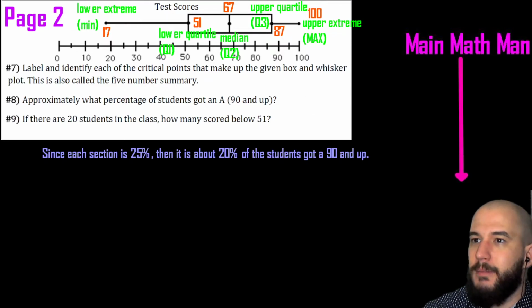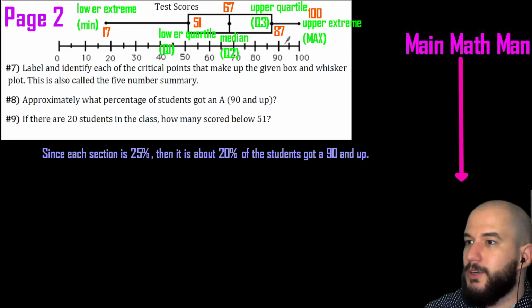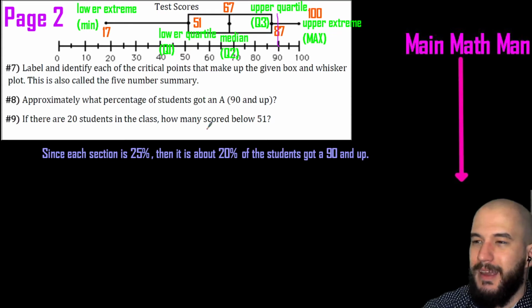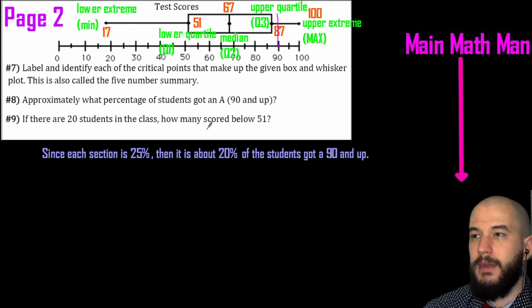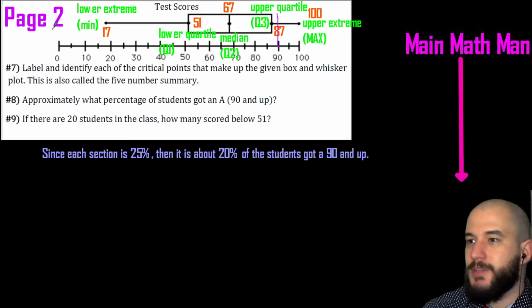We can see that by looking at this line right here, which I can draw. That line cuts a part of that section off, so we can at least say it's less than 25%. Again, it's approximation, it doesn't have to be perfect.